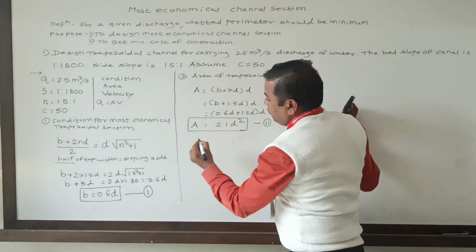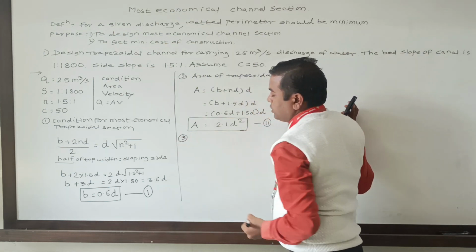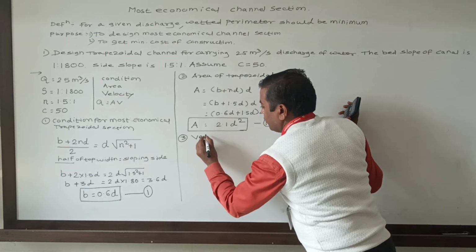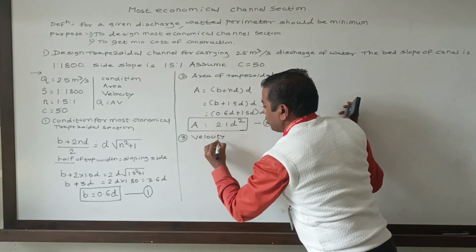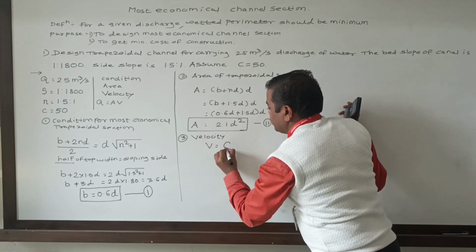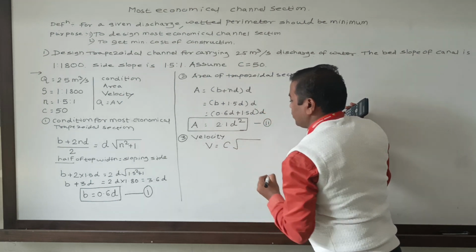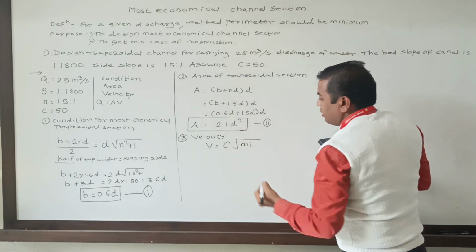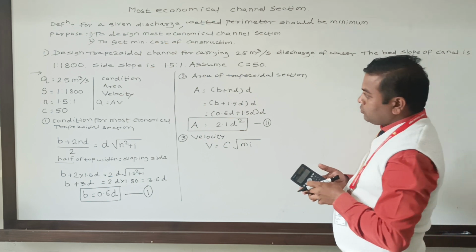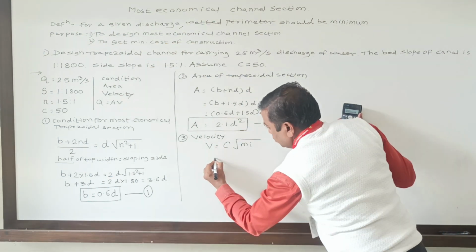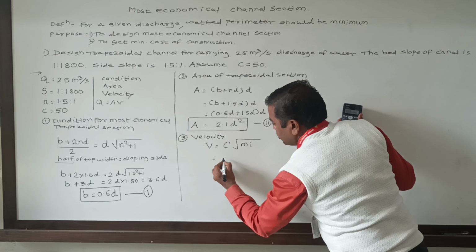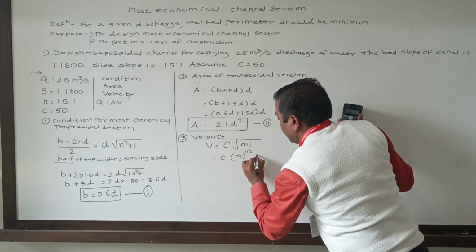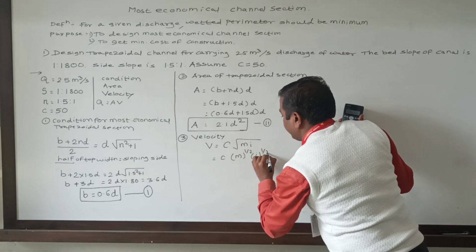Now in the third step we need to calculate the velocity using Chezy's formula. So V is equal to C root of m i. Here m is nothing but the hydraulic mean depth. So V is equal to C, m raised to half and i raised to half.